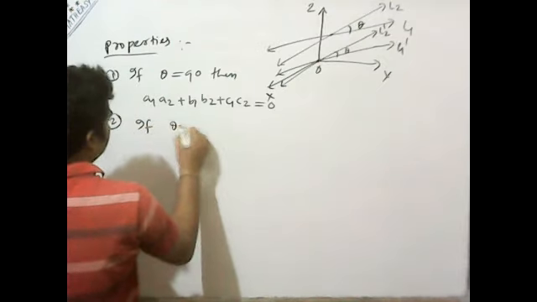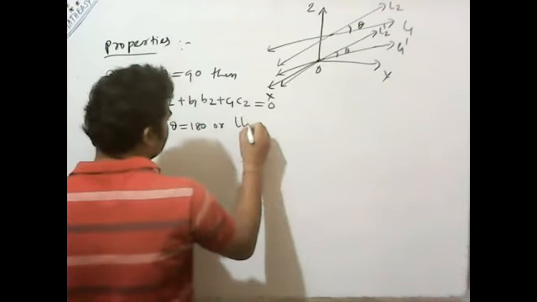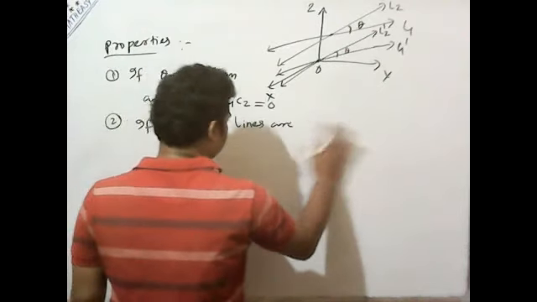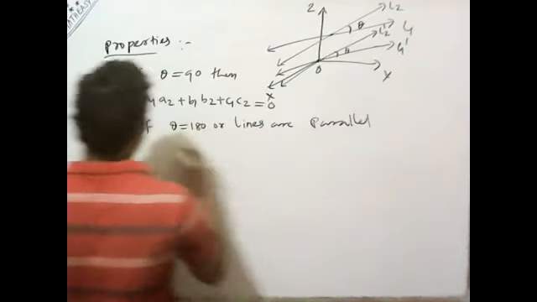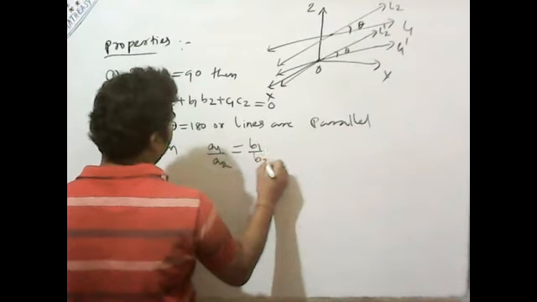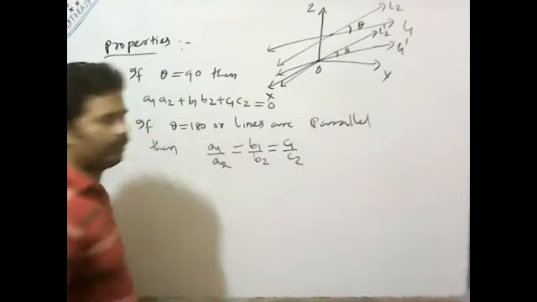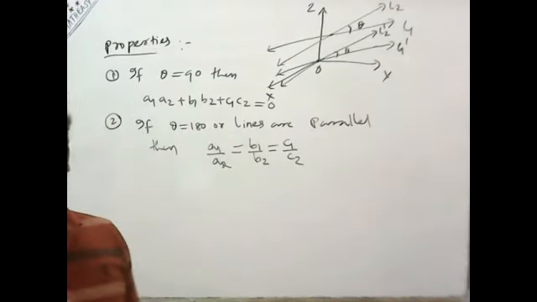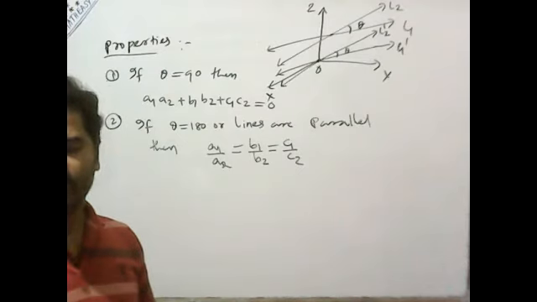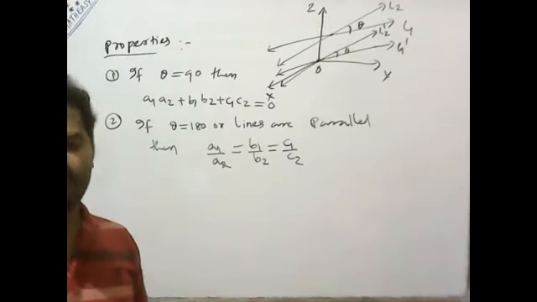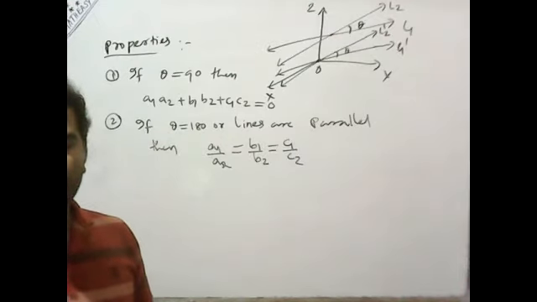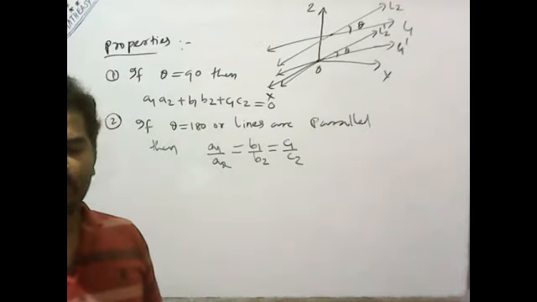If theta is 180 degrees or 0 degrees, the lines are parallel, then A1 by A2 is equal to B1 by B2 is equal to C1 by C2. This will happen. These are the two properties. If the angle theta is 90 degrees, we use the first; if theta is 180 degrees or 0 degrees, that means the lines are parallel, then A1 by A2 is equal to B1 by B2 is equal to C1 by C2. That is the result.